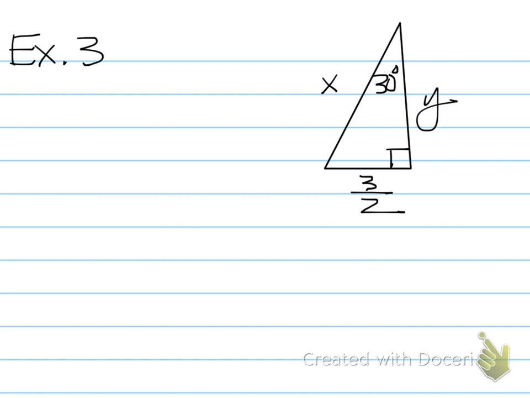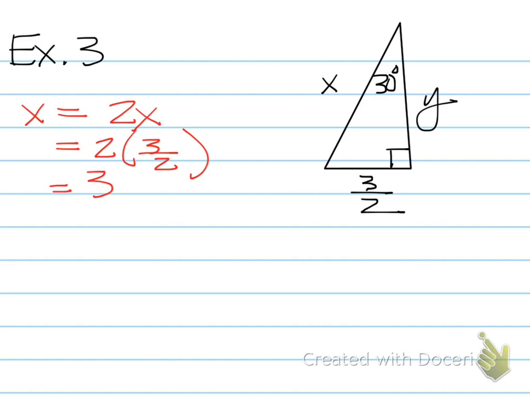So if they give you what x is, then we can easily determine the length of the long leg and the hypotenuse. The hypotenuse is always 2 times the length of the short leg. So the short leg is 3 over 2, and we multiply 2 times 3 over 2. The 2's cancel, and that tells us that the hypotenuse is equal to 3.